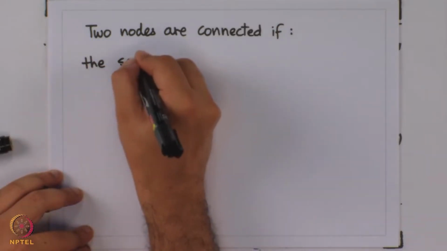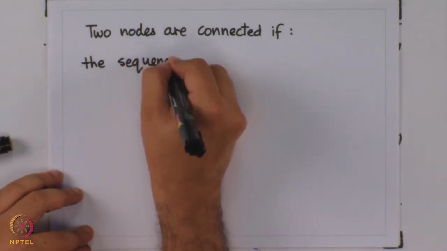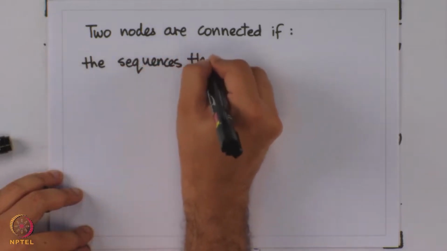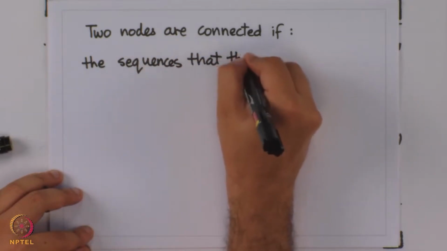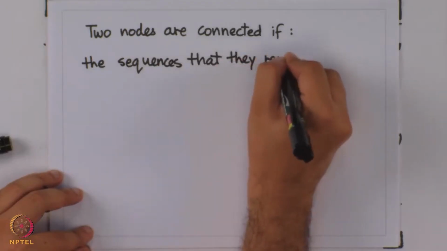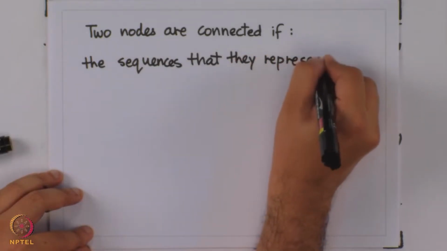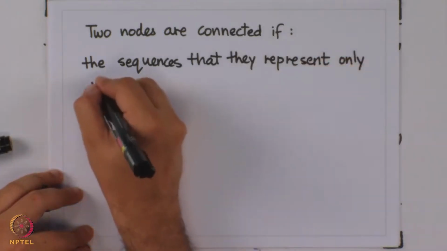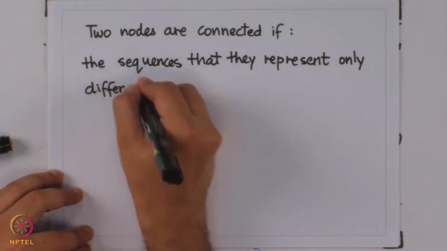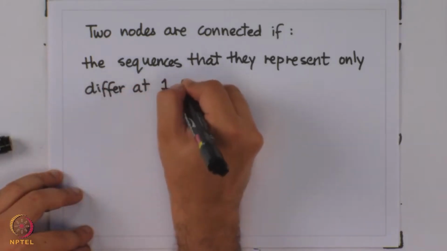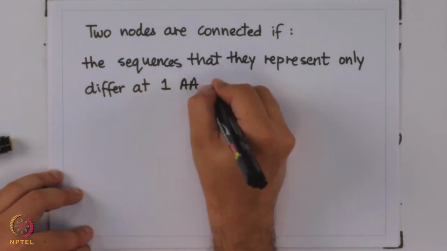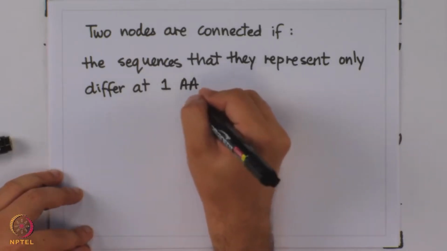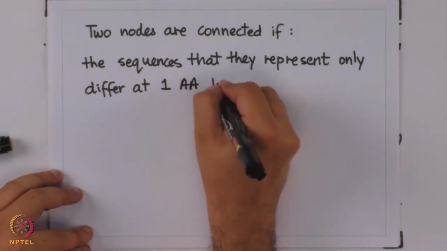the sequences that they represent only differ at one amino acid at a particular position, only differ at one amino acid location.